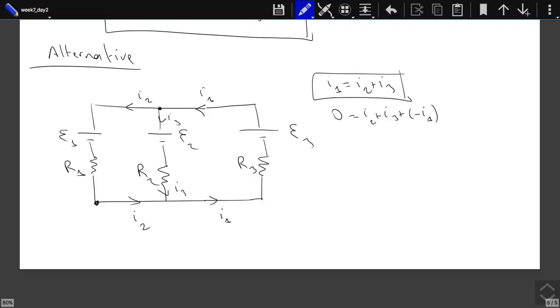Now let's continue. We start from that point, we go around this small loop. Okay, the potential drop from here to here, 0. Well, since this loop doesn't even involve I1, it will be just identical. Plus minus I3 R2 plus minus epsilon 2 plus epsilon 1 plus I2 R1.